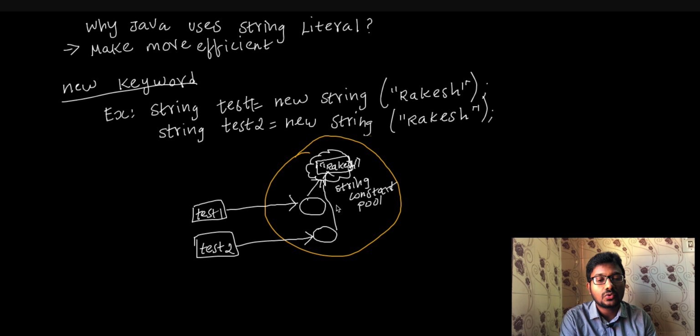We will explore that using this diagram. Here we have two variables, test1 and test2. We are creating the strings for test1 and test2 using the new String syntax. While creating these, the JVM internally creates two objects, this one for test1 and this one for test2.